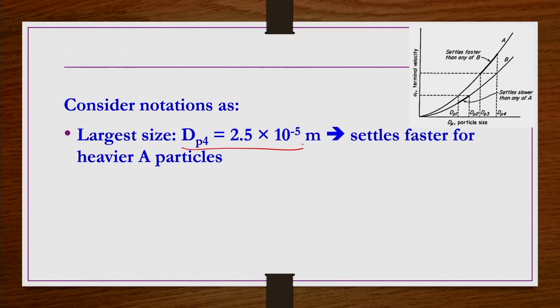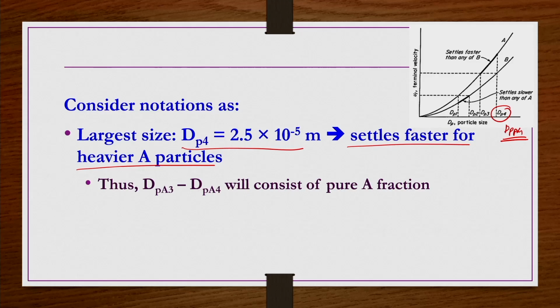So from these particles we consider the largest size, 2.5 × 10^-5 meters, which settles faster for heavier particles. As I mentioned, this dp1, dp2, dp3, dp4 are all valid for both A and B types. So the largest particle dp4 can be given as dpa4, which will be settling faster than any other particle in the mixture.